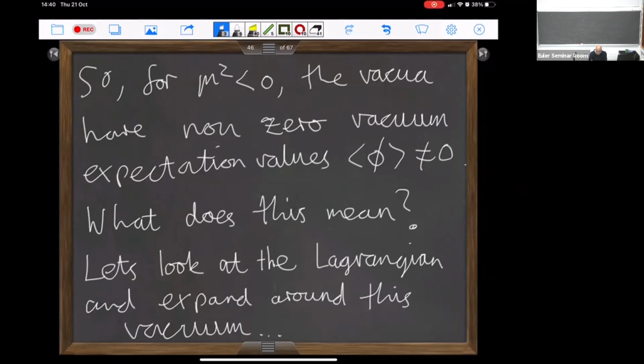Okay, so what does this actually mean? To understand it, we go back to our Lagrangian. Now that we have understood that we've got this vacuum, let's take our Lagrangian, substitute the value of the field in the vacuum, and then make some perturbations of the field and compute the terms in the Lagrangian. So let's have a look at that.